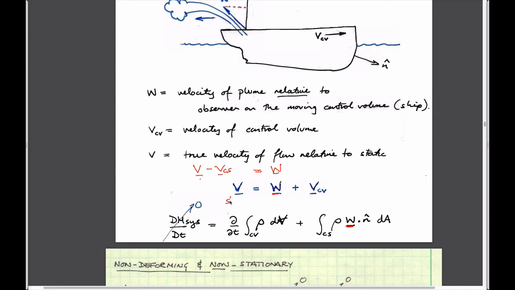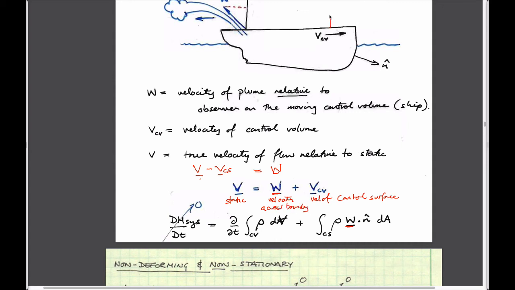So this is the static observer, and this is the movement of the control surface. Actually, it's the control volume, but the more complicated one is the control surface, so we can always think of it that way. And this is the velocity across the boundary. So you'll remember, right?